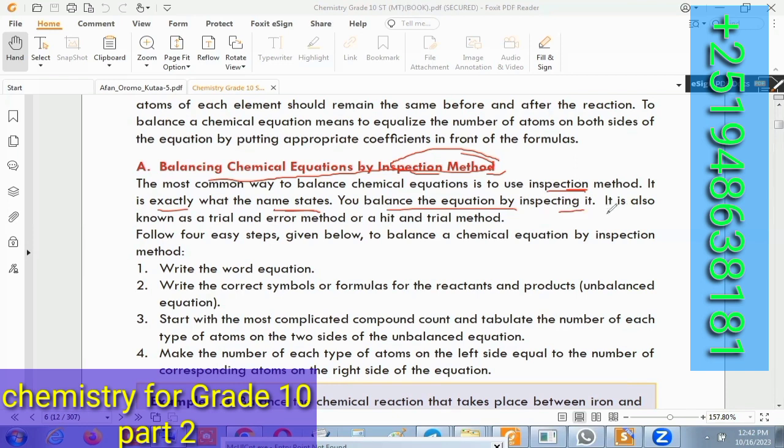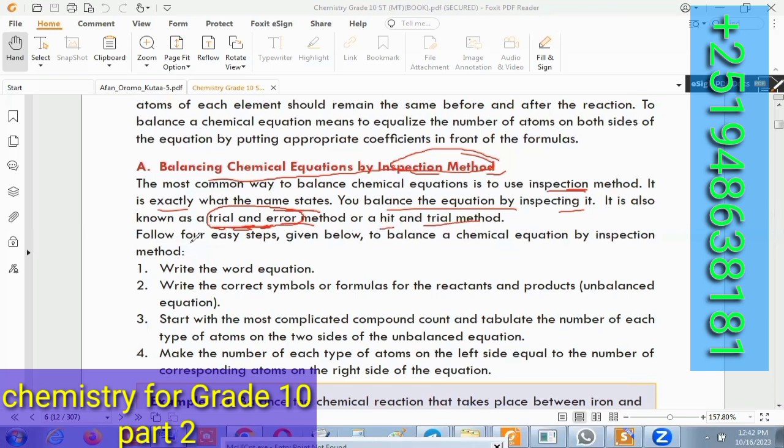It is also known as the trial and error method, or hit and try method.